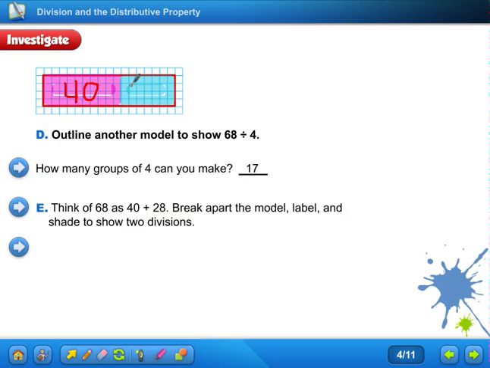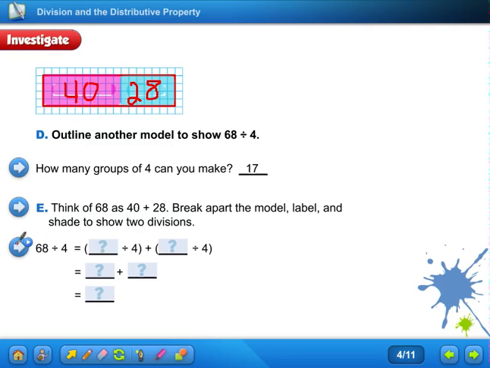All right, 40 over here, and I have a total of 28 over here. So now I'm going to think to myself, how did I split it apart? I did 40 and 28. So 40 divided by 4 was, how many did we go across? 10.